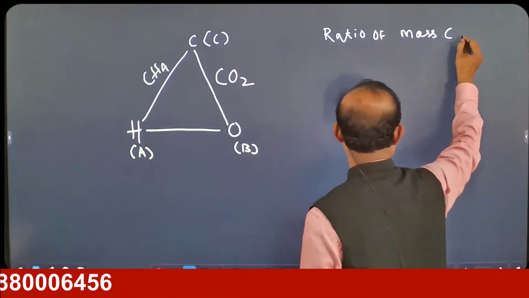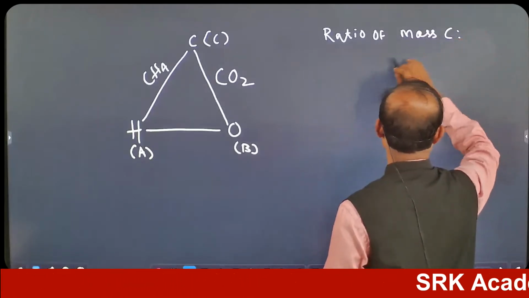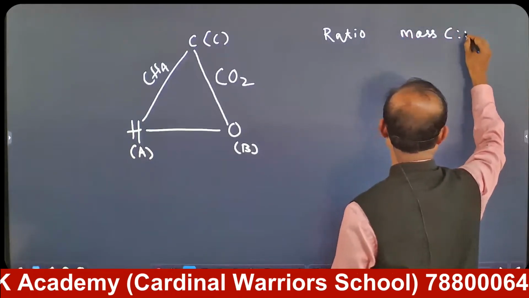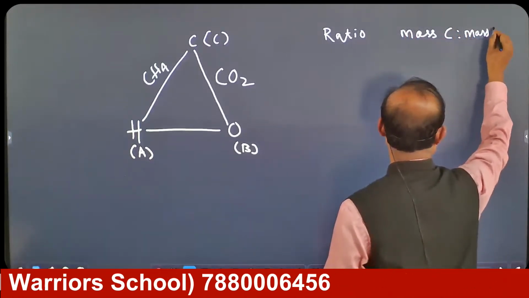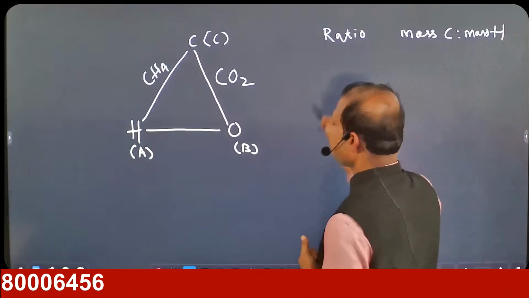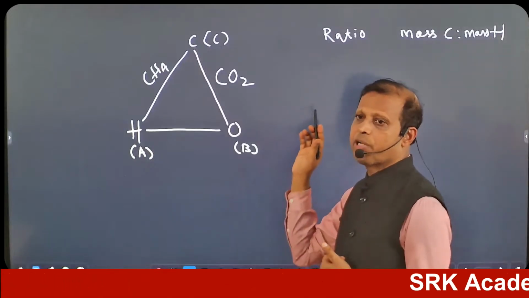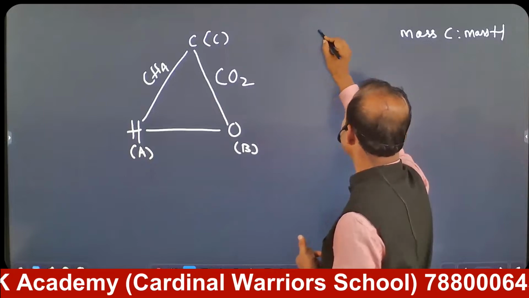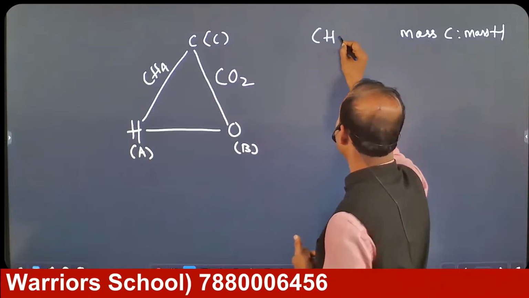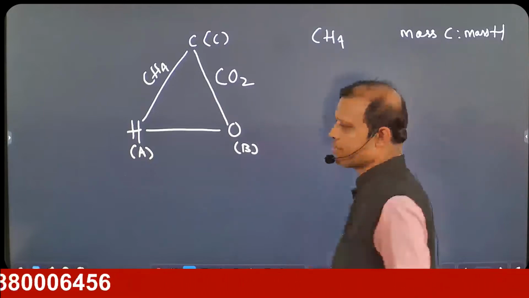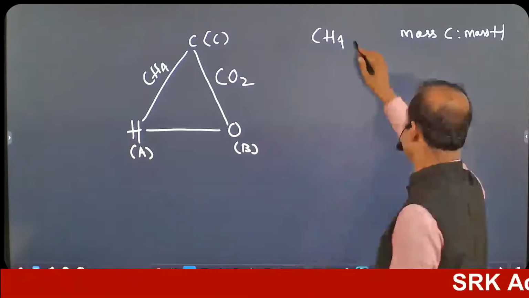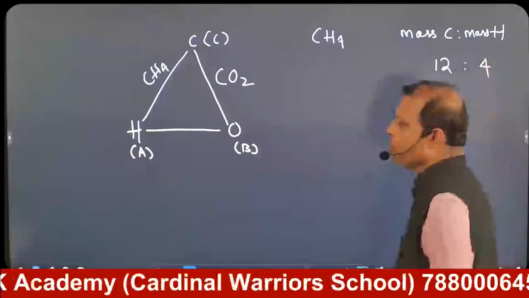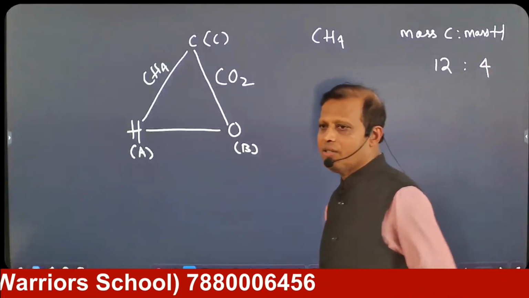We are taking the mass of carbon to the mass of hydrogen. In CH4, carbon is 12, hydrogen is 4. 12 is to 4. Yes or no?